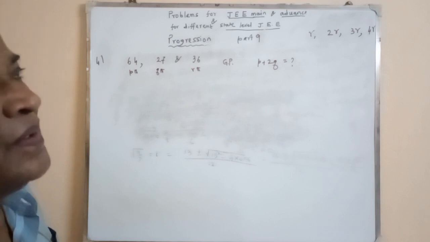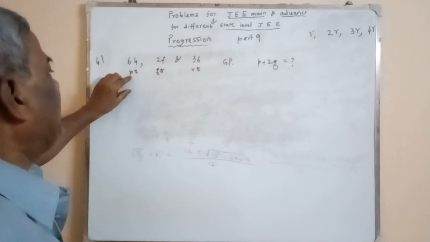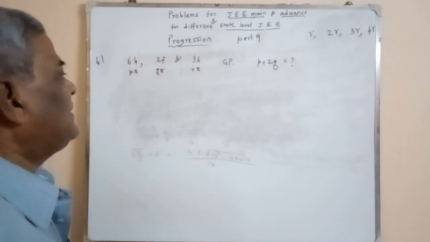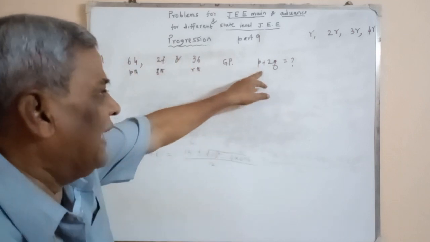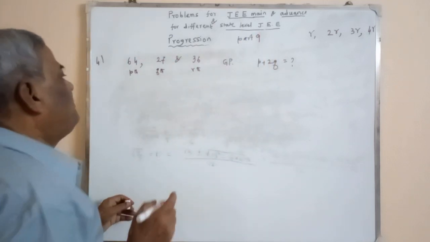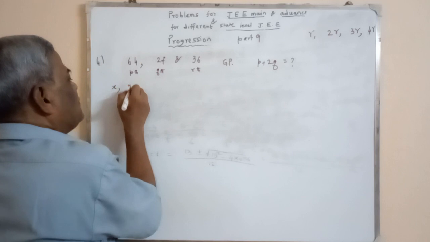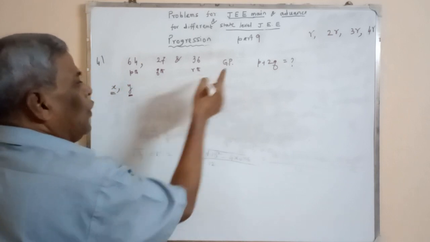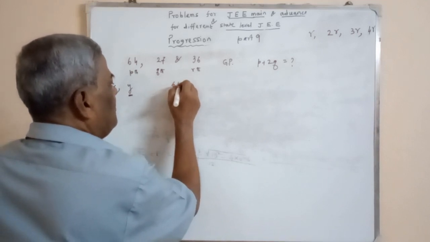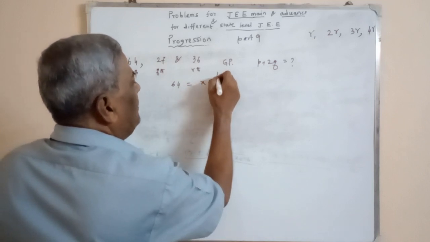So we see that a GP is given. Its pth term is 64, qth term is 27 and rth term is 36. Then we have to calculate the value of p plus 2q in terms of r only. So suppose x and y are the first term and common ratio of the GP. Therefore, we must have 64 equal to its pth term, so x into y to the power p minus 1.